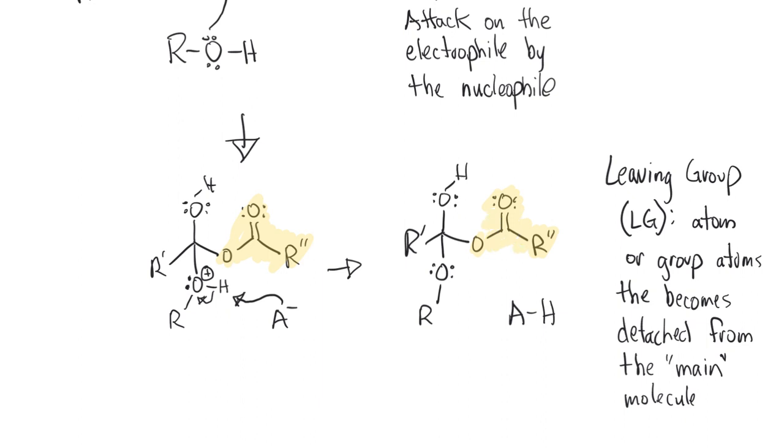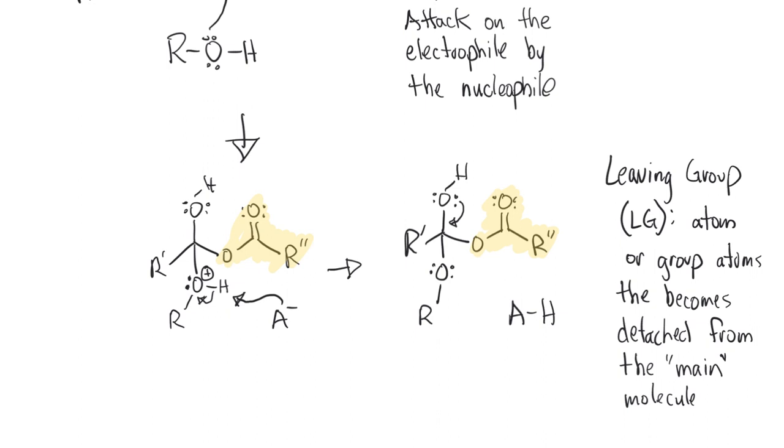So how does this occur? What happens is one of these lone pairs of electrons right here is going to move down and make a double bond. Now, that can't be allowed for the carbon. The carbon is in the second period. It is not allowed to break that octet. And so one of these other bonds has to break.